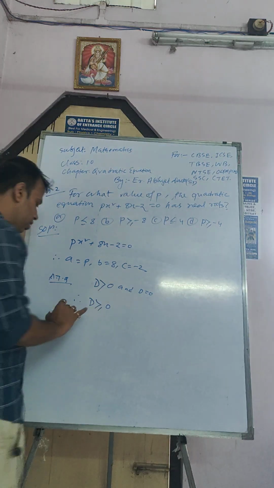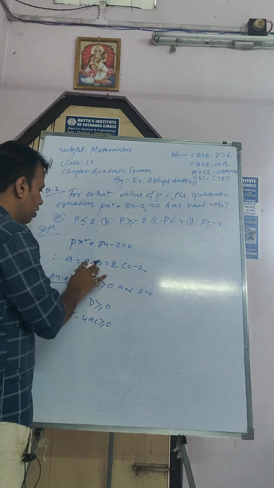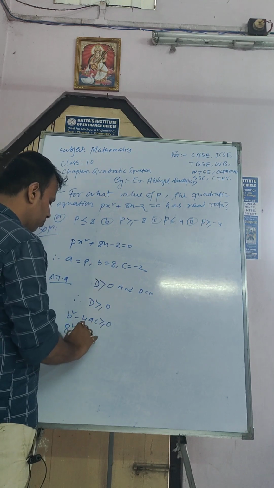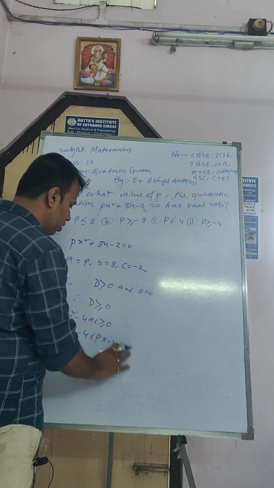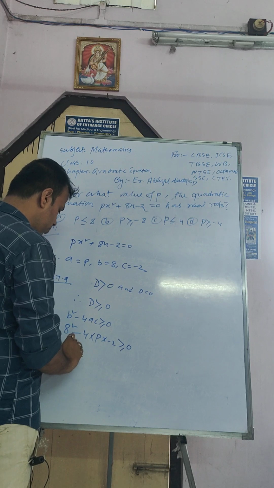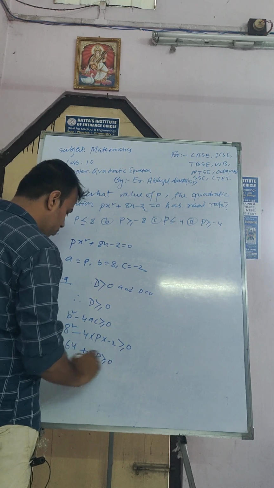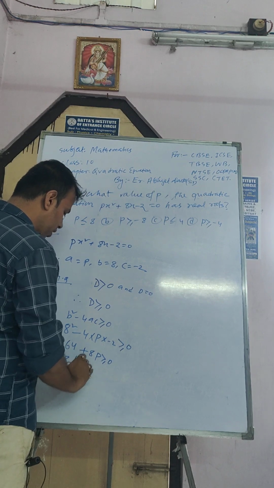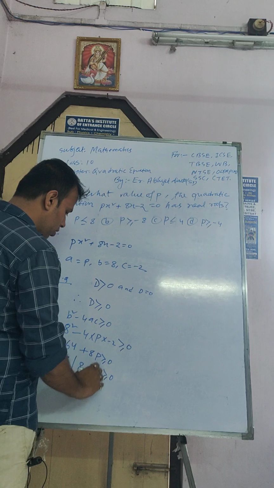So D is what? B square minus 4AC greater than or equal to 0. B is 8, so 8 square minus 4 into A, which is P, into C, which is minus 2, greater than or equal to 0. It will be 64 plus 8P greater than or equal to 0. If I take 8 as common, it will be 8 into 8 plus P greater than or equal to 0.